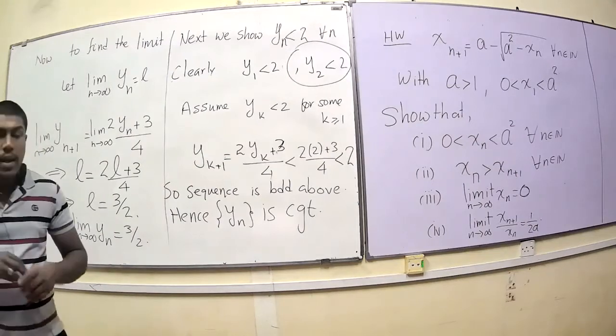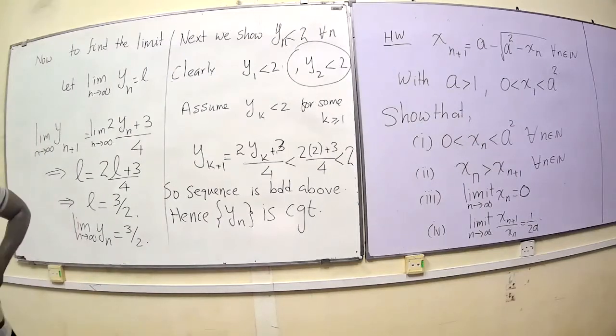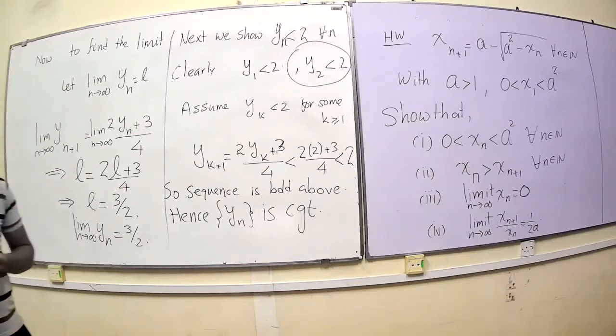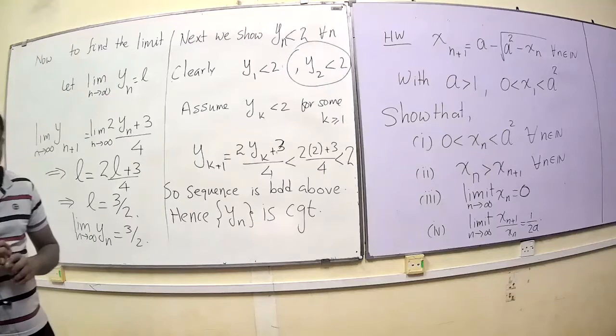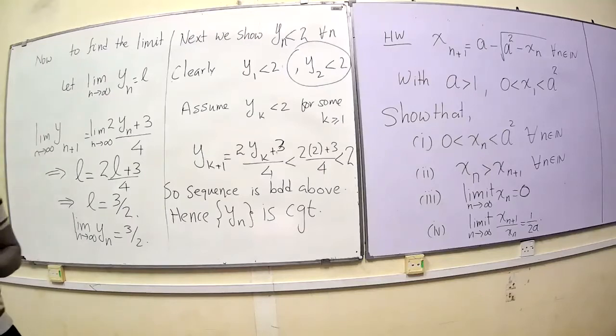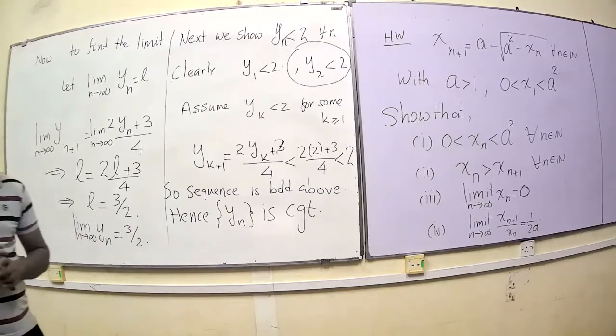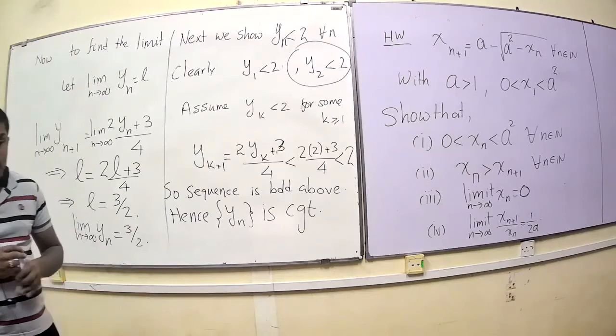You have a sequence defined by x(n+1) is equal to a minus the square root of (a squared minus xn). Right, where a is a constant number and it is strictly greater than 1. At the same time, x1 is a number in between 0 and a squared.